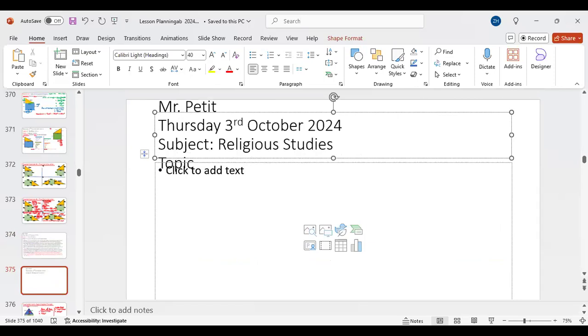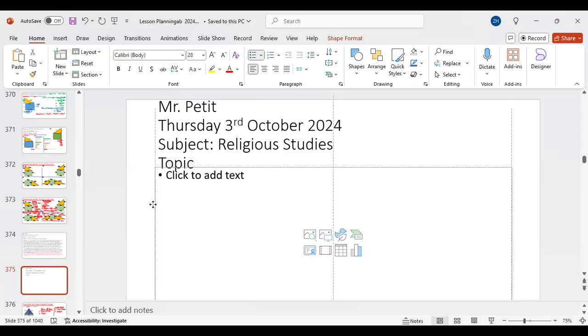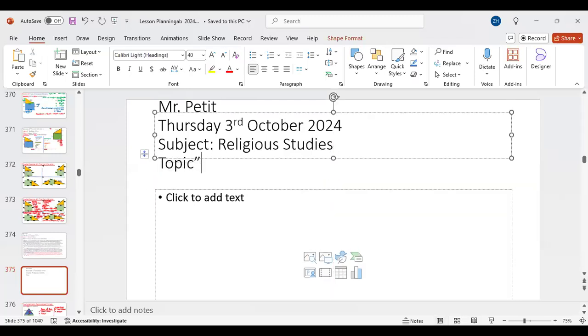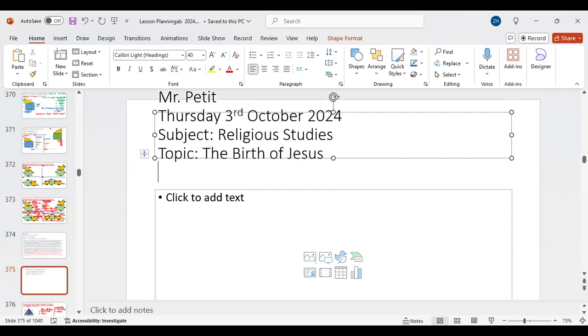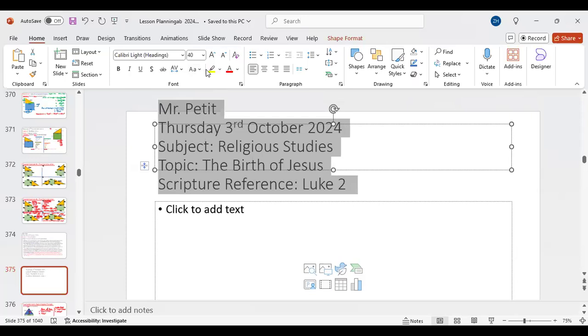The topic is the birth of Jesus. And the scripture reference is Luke chapter 2.